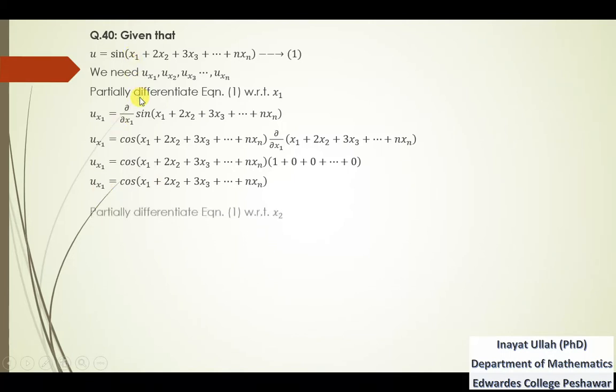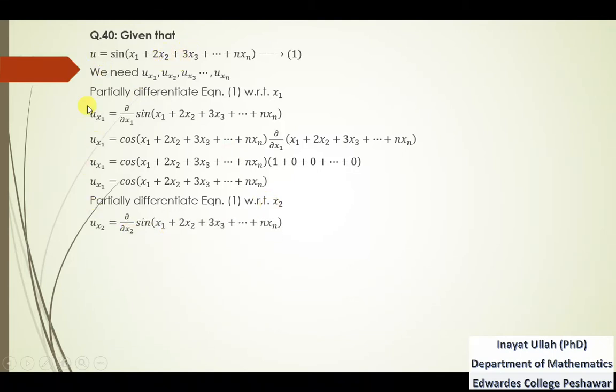Similarly, partially differentiate equation 1 with respect to x2. So that will become ux2, del by del x2 of sine of this whole angle. So again, sine of u, the derivative of sine u is cos of u, and to further derivative of this angle again with respect to x2. Now that is the derivative with respect to x2, so x2 will be considered as variable, and all other xi's will be kept constant.